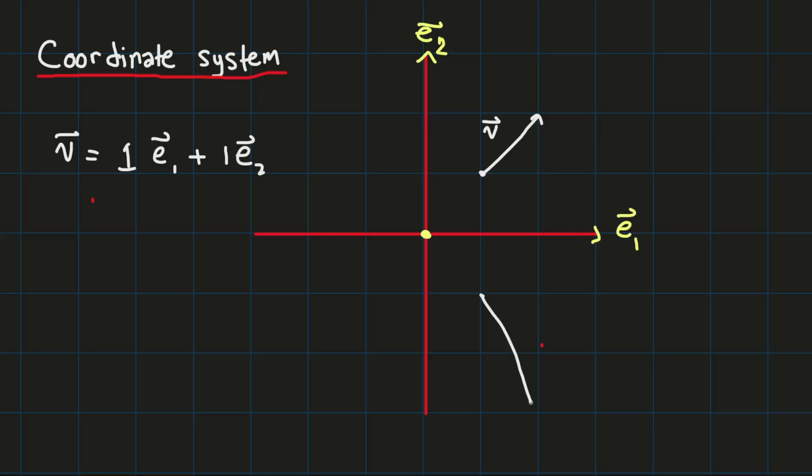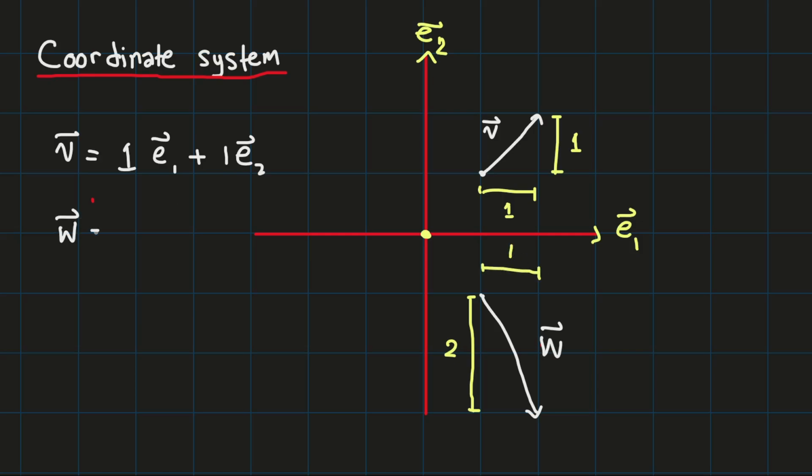So when I have another vector, I forgot to write the scale, which is 1 and 1. So this vector has two scales, below and one as this, and I write this as the w vector, which I can rewrite as 1 multiplied by the e1 basis and e2 basis multiplied by minus 2.